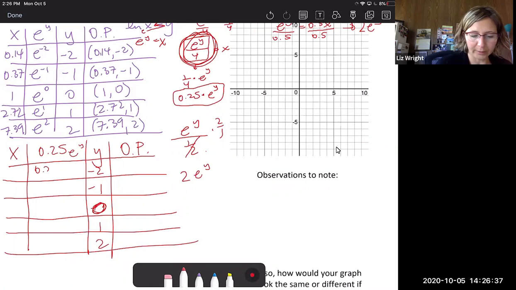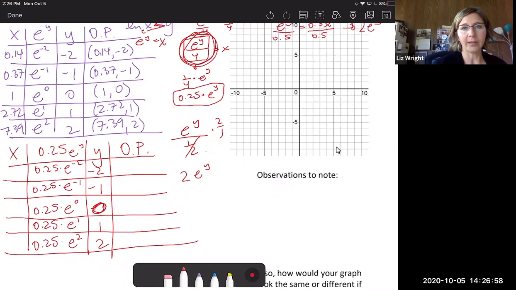So 0.25 times e to the -2, 0.25 times e to the -1, 0.25 times e to the 0, 0.25 times e to the 1, 0.25 times e to the second power.